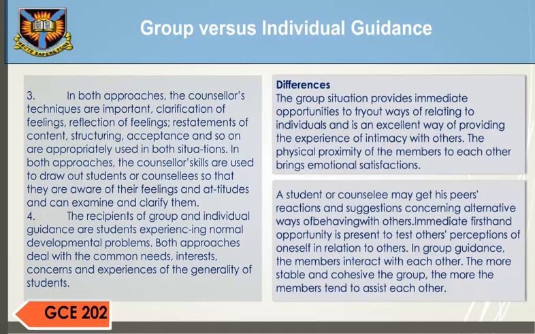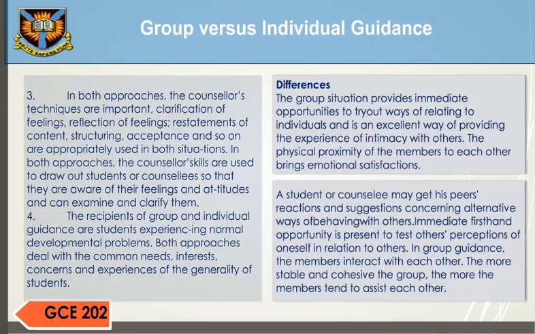3. In both approaches, the counselor's techniques are important. Clarification of feelings, reflection of feelings, restatement of content, structuring, acceptance, and so on are appropriately used in both situations.